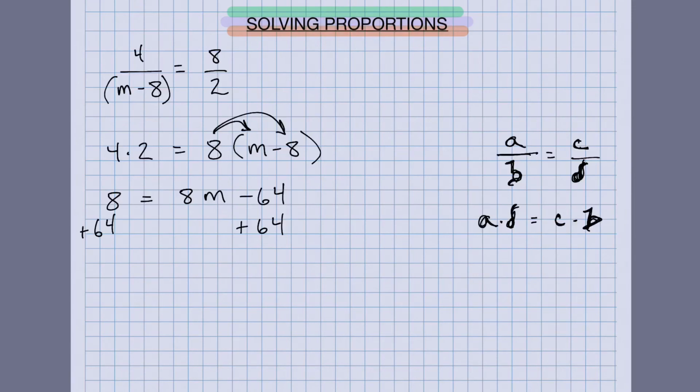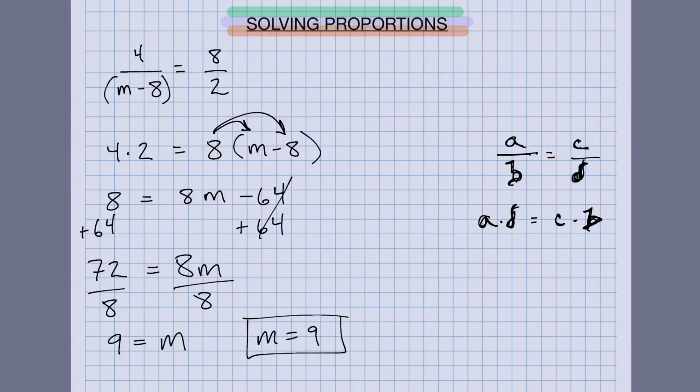On the left we have 72 equals 8m. Okay, divide both sides by 8. 9 equals m. M equals 9. Okay, here's our answer. M equals 9.